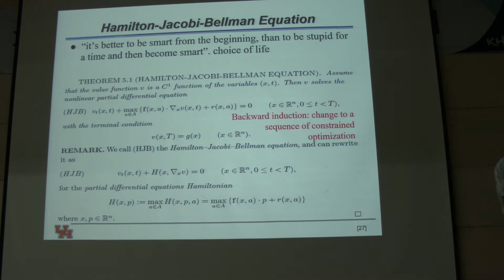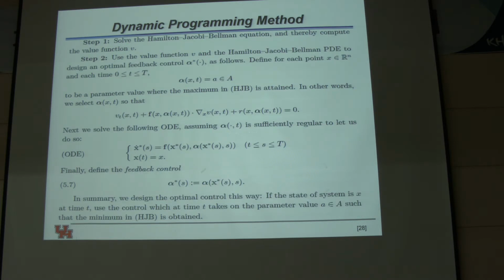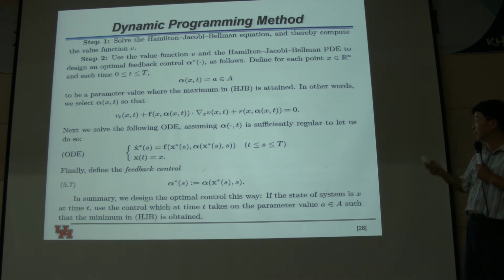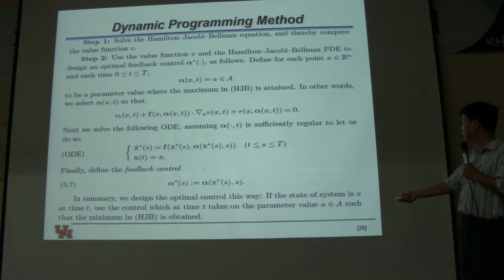So basically, this is the key concept for this HJB equation. And here, this is a step: solving the HJB equation and thereby computing the value and then putting it into the control. Finally, we get this optimal control. So what is the optimal control at the current time? So in summary, we design the optimal control in this way.